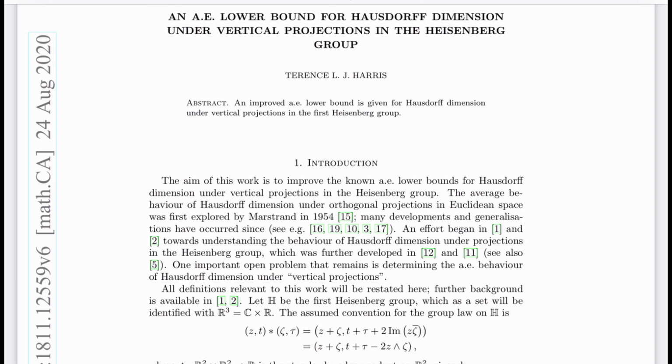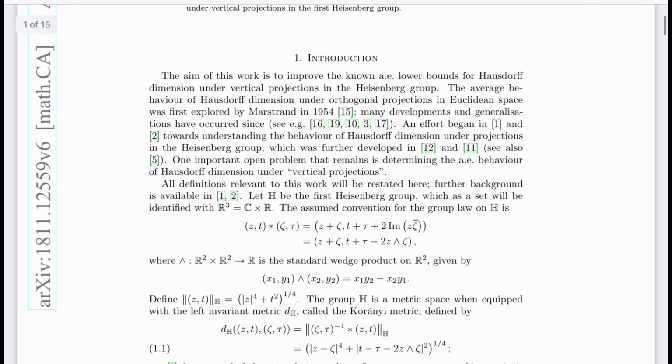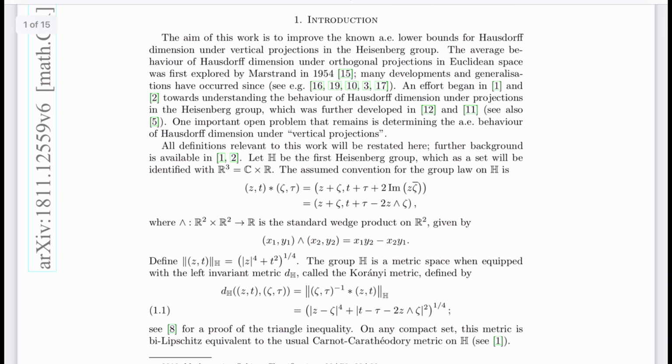An example of such a paper is this beautiful one by Terence Harris, an almost everywhere lower bound for Hausdorff dimension under vertical projections in the Heisenberg group, 2020. It tries to study, if you have a set of certain dimension range and you vertically project it, how much dimension can its shadow lose. I searched the words left translation and multiplication or left invariance, and there were only 1 or 2 instances.